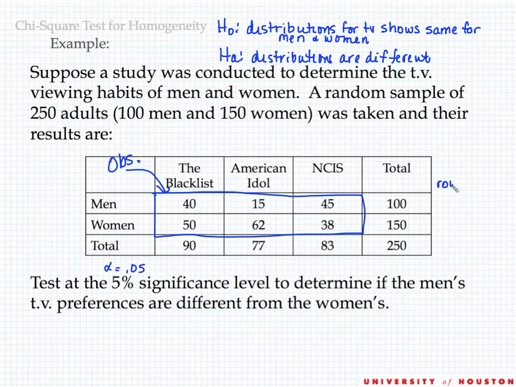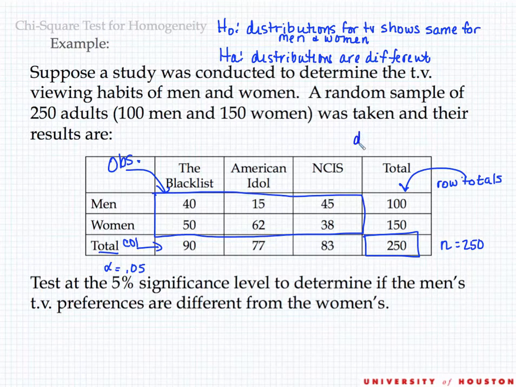These values over here are our row totals, and these values going across are our column totals. And this value right here is our grand total. Our degrees of freedom is our number of rows minus 1 times our number of columns minus 1, which will be 2 for this problem.